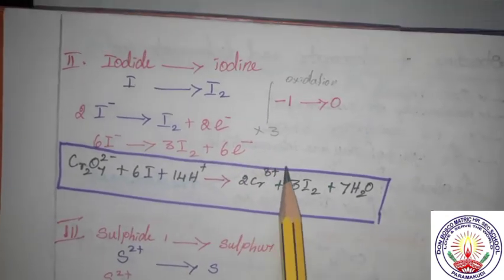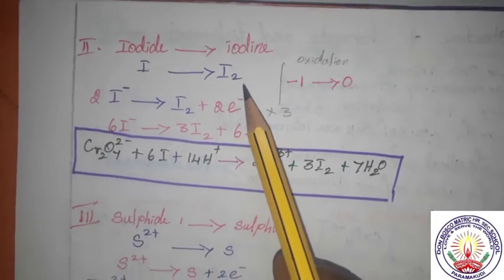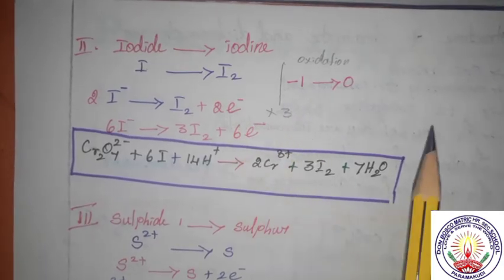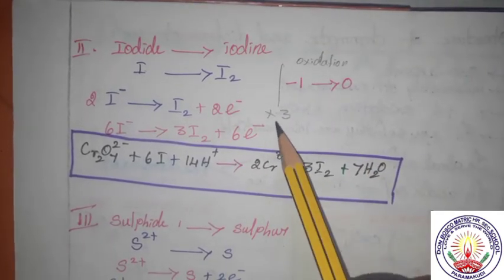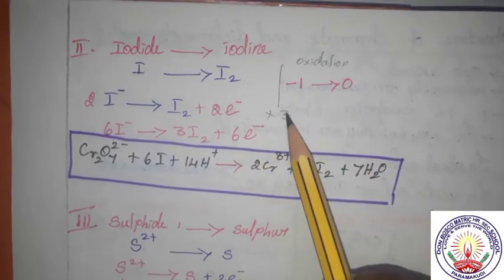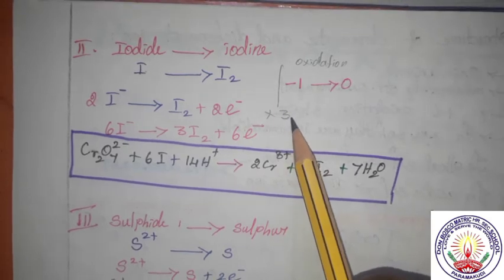Here we have 2 electrons, we need to get 6 electrons. So therefore we need to multiply this with 3.